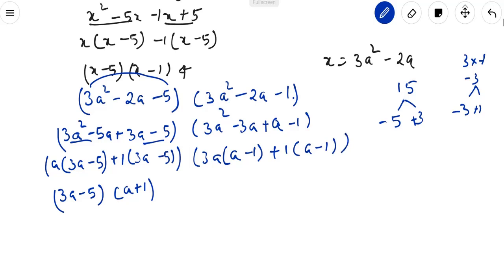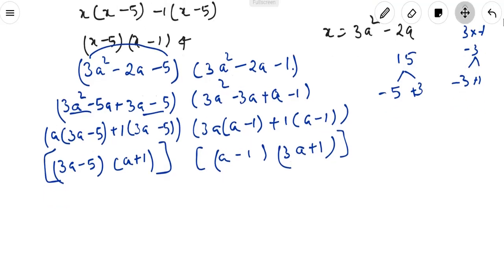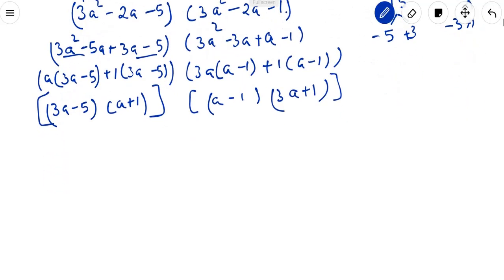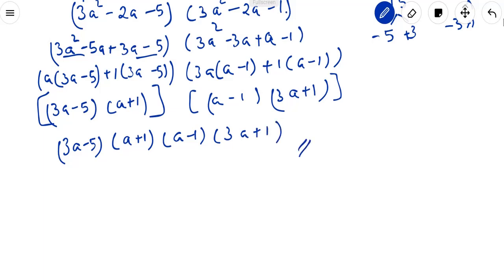So if I take values here, I'm going to get a minus 1 and 3a plus 1. So what are the factors here? We are going to get 4 factors here. The 4 factors are 3a minus 5, one term, one more term is a plus 1, one more term is a minus 1, and one more term is 3a plus 1. So these are the 4 factors of problem number 15.